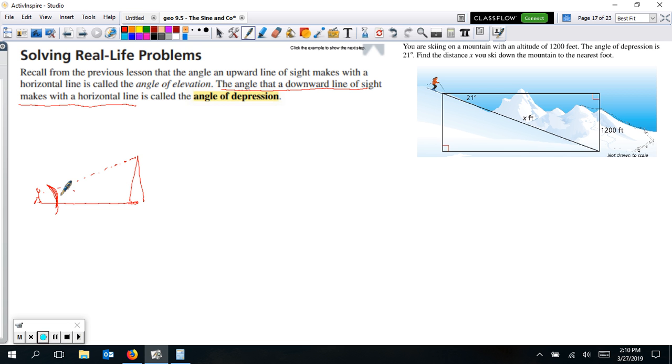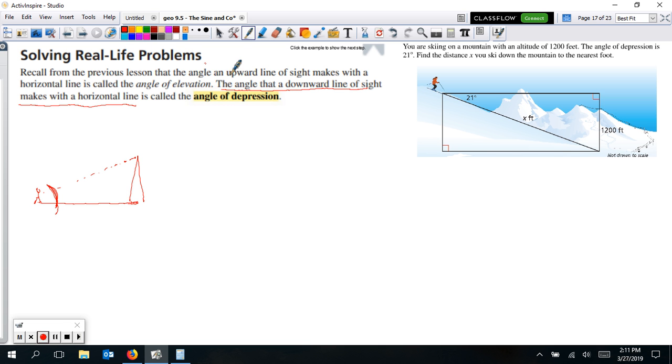The horizontal line is the ground in this case. Here's one where the horizontal line is actually an imaginary line straight out. So this skier, if you look straight out from here and go straight down at a right angle, that's a line of sight there. But this will be your angle of depression. So an angle of depression also could be true there.